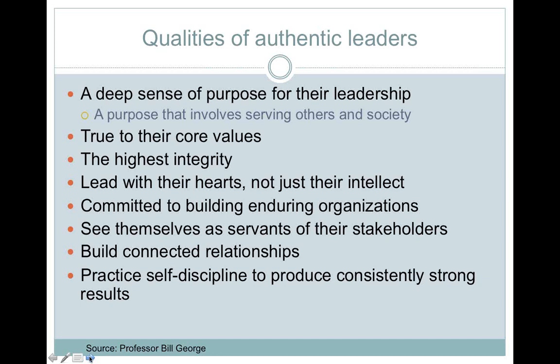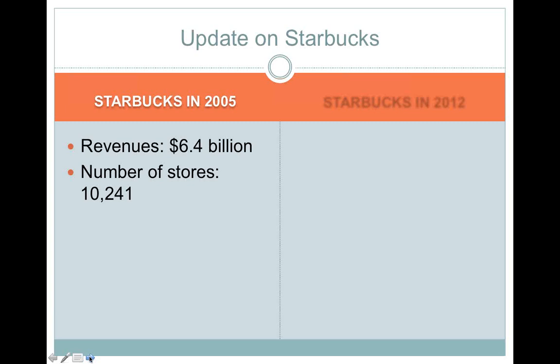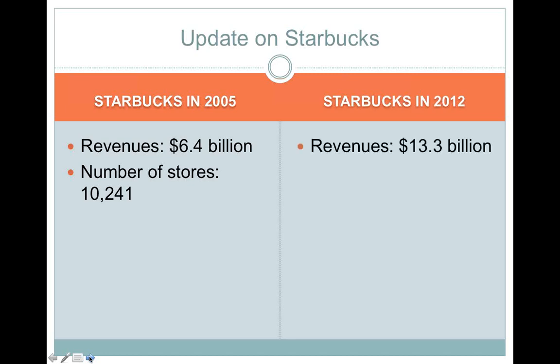And let's look at what the results are of him having had that kind of authentic leadership. At the time of the case, for those of you who were able to read it, Starbucks had revenues of $6.4 billion. We had a little bit over 10,000 stores. And now let's get the update. In 2012, by then, revenues had basically doubled.